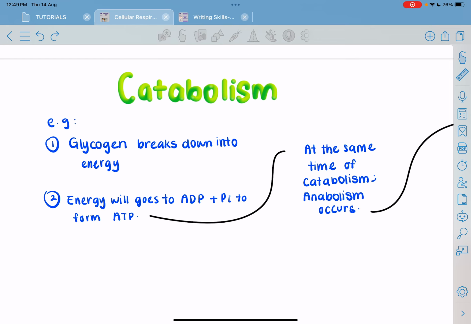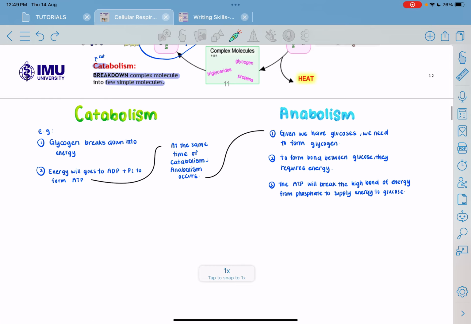Sorry. When the glycogen breaks down from glycogen to glucose, it will release energy. The energy that is being released will then go to ADP, which is adenosine diphosphate, with the inorganic P to form ATP. Okay, so that is the first process.